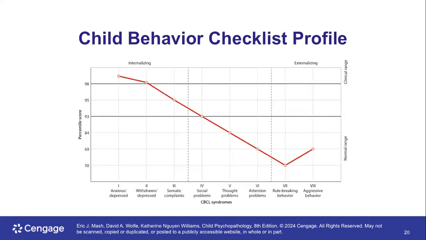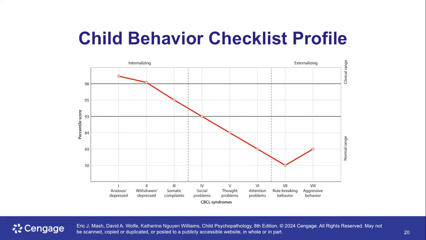Just to give you an idea of some things we might tap into, because it's a checklist, we're tapping into a whole host of areas of functioning. So let's look at internalizing and externalizing behaviors. You have anxious, depressed, and somatic behaviors. Externalizing behaviors are rule-breaking behaviors or aggressive behaviors. And then there are some kind of neutral ones.